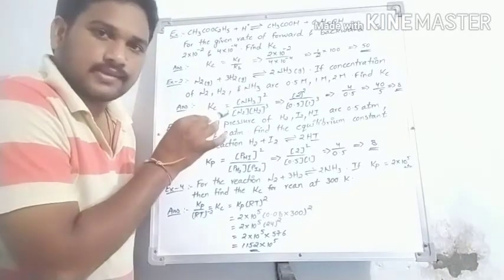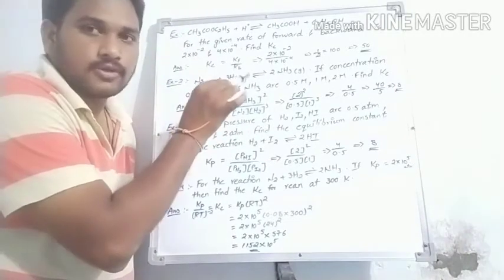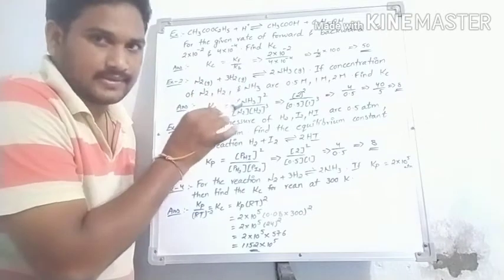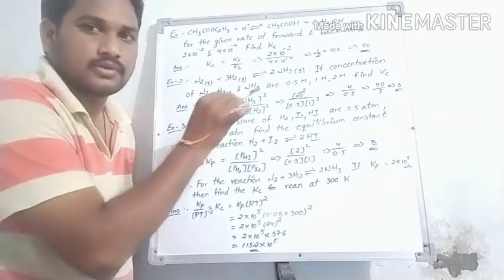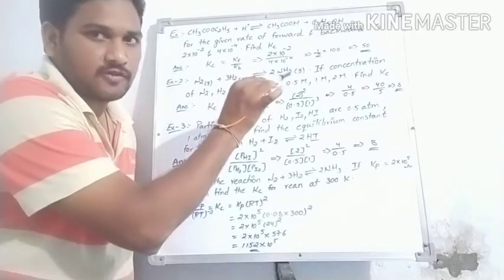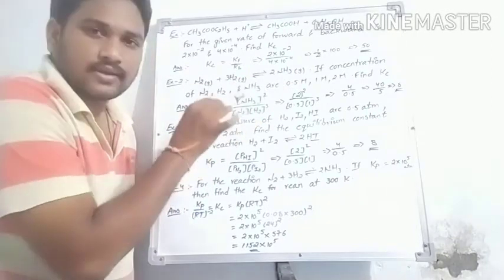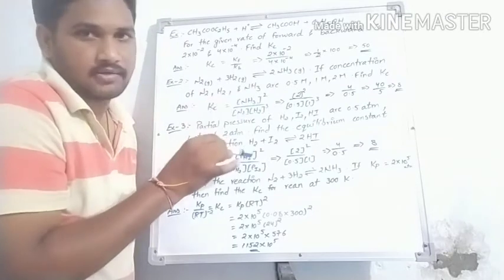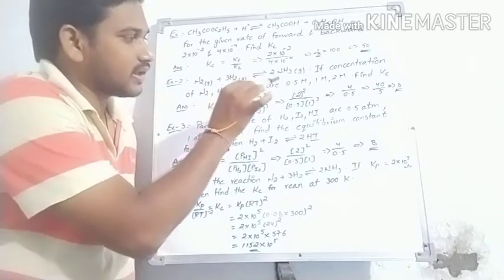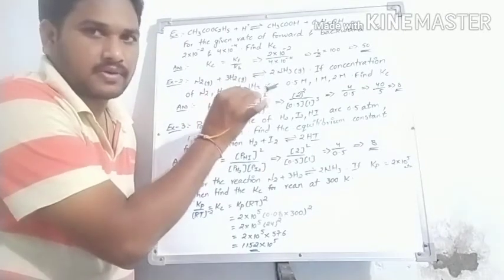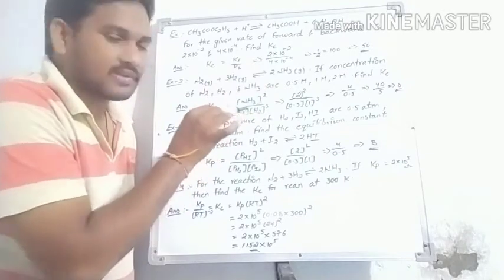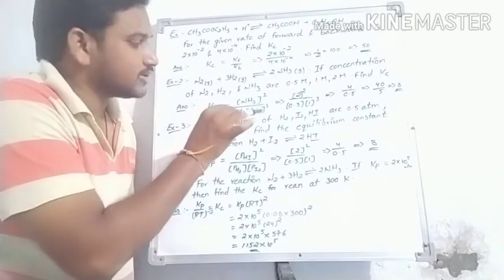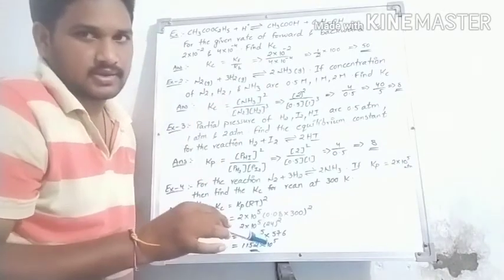Where Kc is equal to, in the above reaction, the concentration of ammonia over the concentration of nitrogen and hydrogen, where their coefficients are raised as powers, where NH3 whole square by N2 into H2 whole power 3.